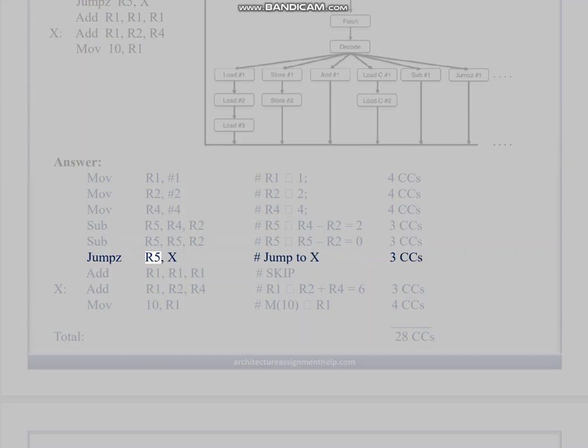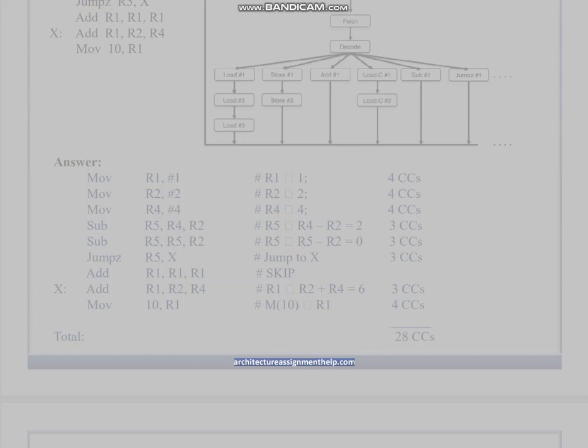Jumps R5, X, jump to X, 3 CCs. Add R1, R1, R1 is skipped. X: add R1, R2, R4, R1 = R2 + R4, 3 CCs. MOV 10, R1, M[10] = R1, 4 CCs. Total: 28 CCs.